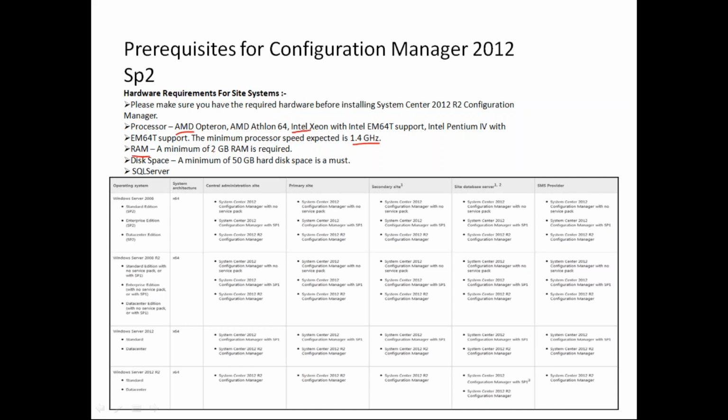The RAM should be a minimum of 2 gigabytes and 50 gigabytes of hard disk. I'm talking about the primary site server. And one SQL server needs to be there. For the operating system, you can take Windows Server 2008 and above, and for SQL, SQL 2012 and above.